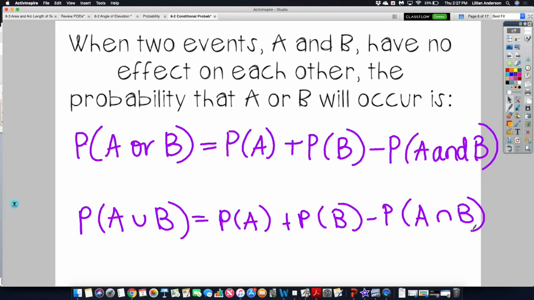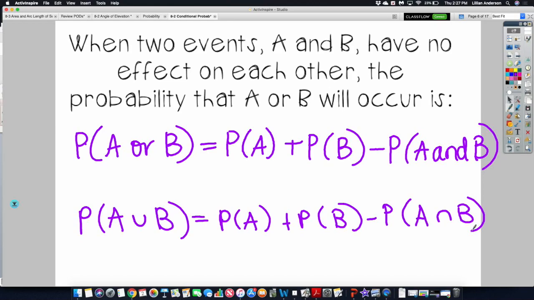So you use this when you have basically an overlap. Here's another example. Let's say you have a deck of cards, a standard 52 card deck. And I want you to tell me what is the probability of picking a heart or a king?